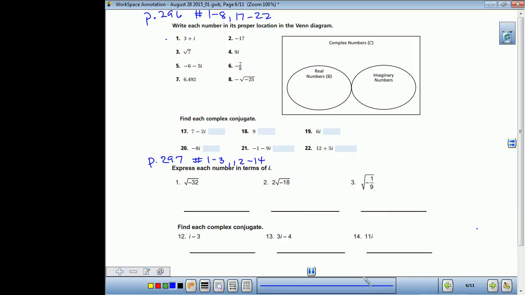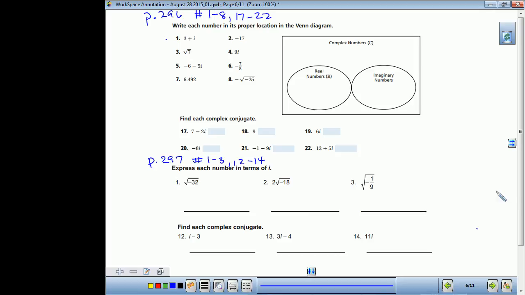So, if you didn't bring your workbook, just draw 2 circles with a big rectangle around it, and place these in the most specific category you can put them in. Because we know they're all complex, but most specifically, what could you call it? Then find the conjugate, and we're only going to do 1 through 3 on here. Actually, these are worthwhile. Let's go ahead and do them.